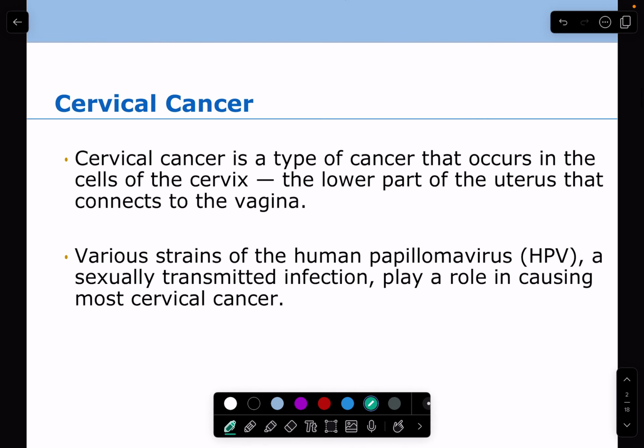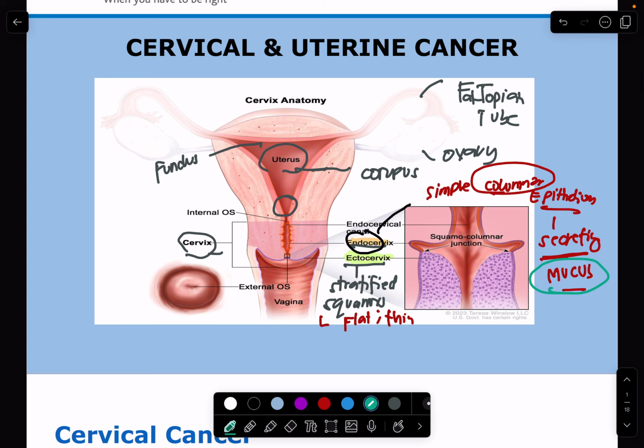Cervical cancer is a type of cancer that occurs in the cells of the cervix, the lower part of the uterus that connects to the vagina. Nabanggit natin yan kanina, the uterus has different layers. You have your fundus, corpus, isthmus, and the lower portion of your uterus, that is the cervix.